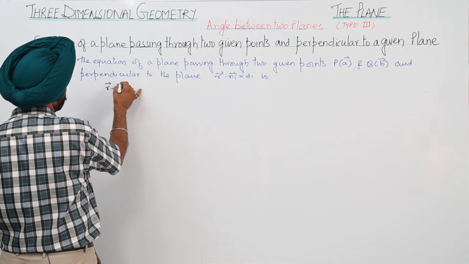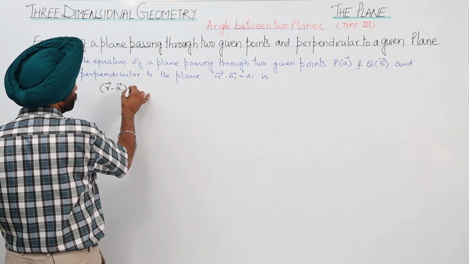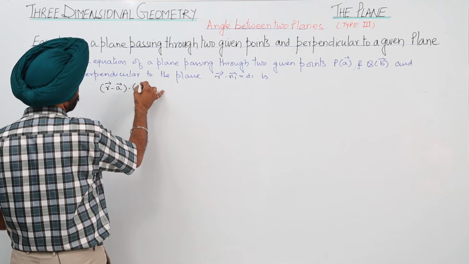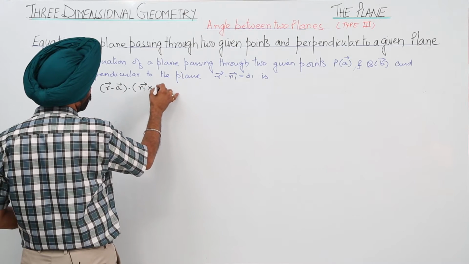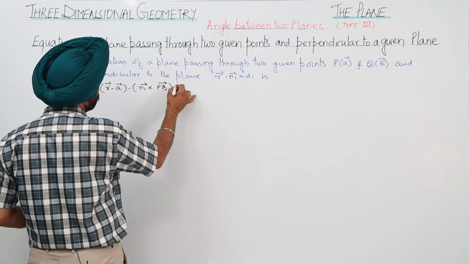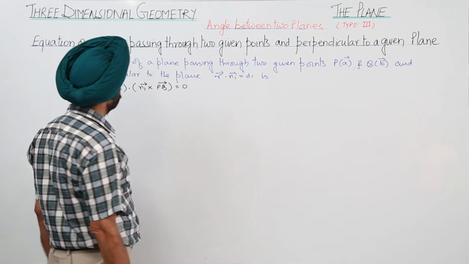vector r minus vector a with dot product of vector n1 cross product vector pq is equal to 0.